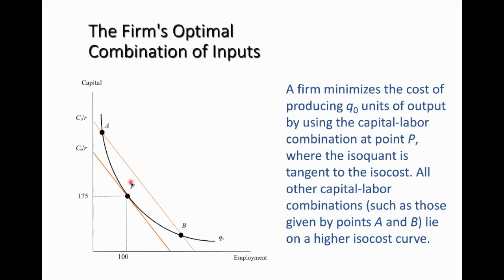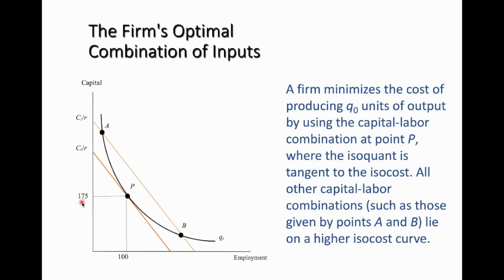So this is point P, and here we find where the isoquant Q0 is tangential to the isocost, as indicated by this line. And this tangential point, point P, gives us the cost minimizing input combination for this firm.